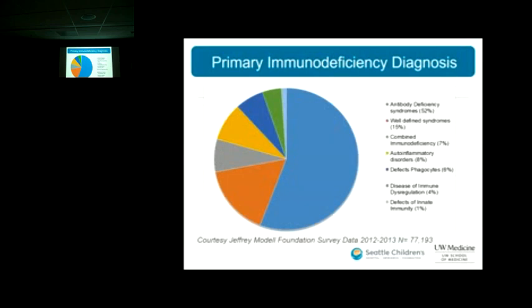So just to summarize, what we talked about is primary immunodeficiencies are a group of inherited disorders of immunity, and they have been classified now as inborn errors of immunity.